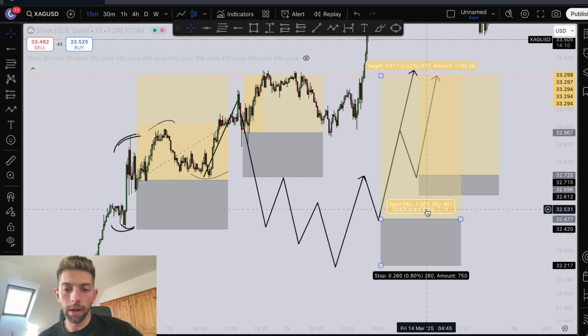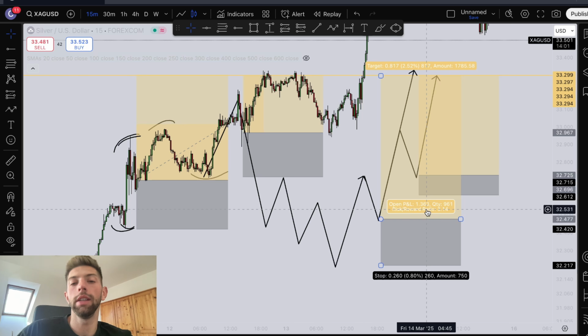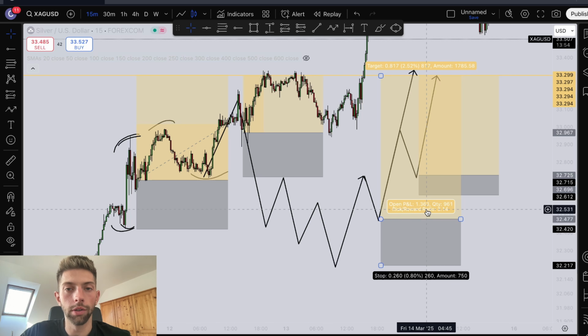That's it. But yeah, guys, to have the most probability of winning a trade, you need to have all time frames in sync, which means all your time frames need to be in sync in the direction you are looking to take a trade.